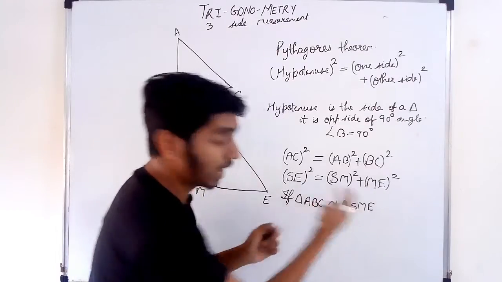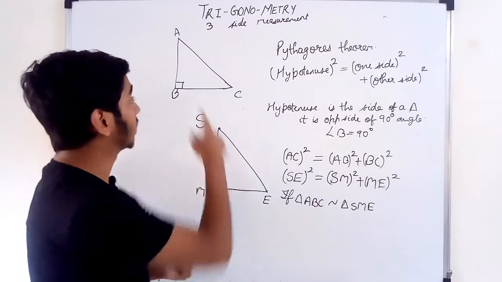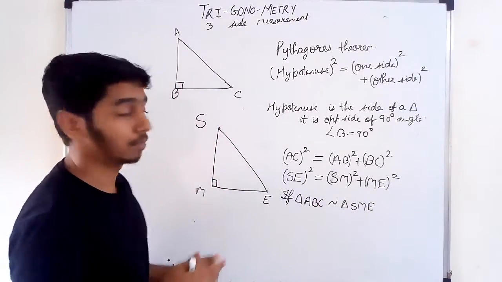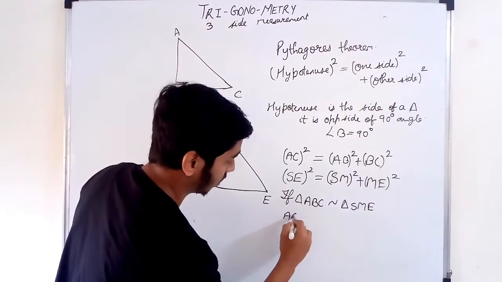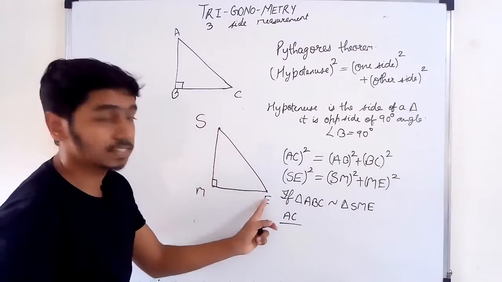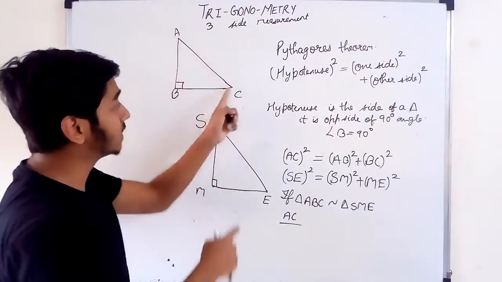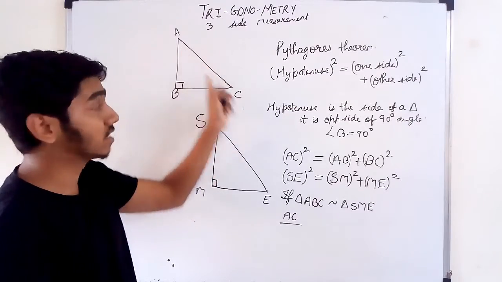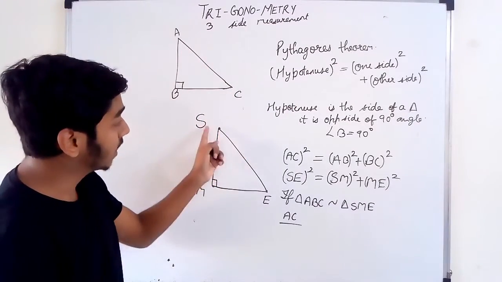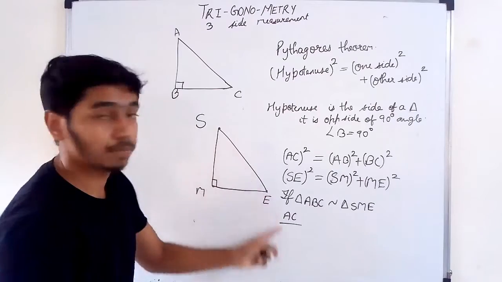If the two triangles are similar, you remember that the sides are proportional, meaning if I take AC upon SE. Why am I taking AC upon SE? Because AC is the hypotenuse in this triangle, and SE is the hypotenuse in this triangle.